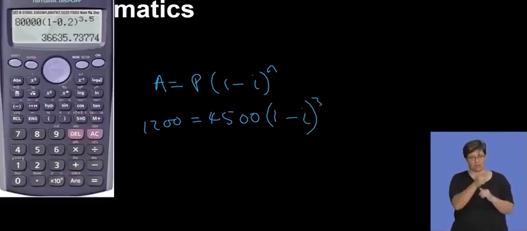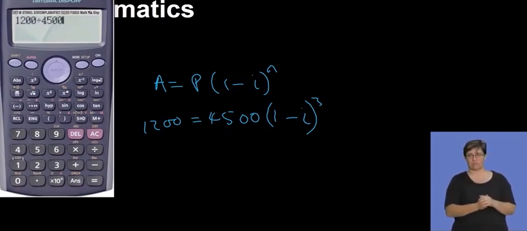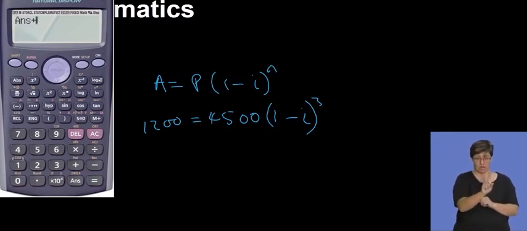So on a calculator, quickly, if I substitute this, I will divide both sides by the 4,500. So divide by 4,500, I get that. And then I will need to say 1 minus the answer. What's happening here?